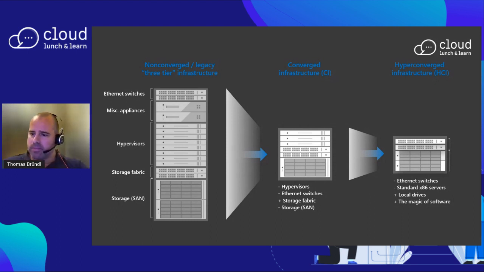And on the right side, we have the hyperconverged version. The difference between both sides is that the hyperconverged infrastructure has all components pulled together as far as possible, and everything is managed via a single platform.